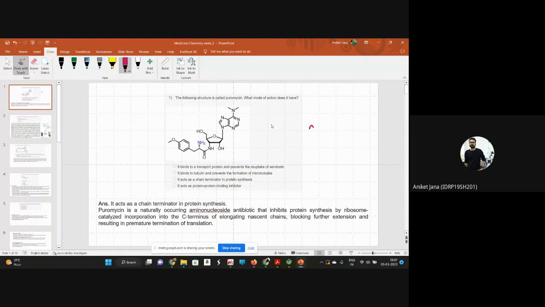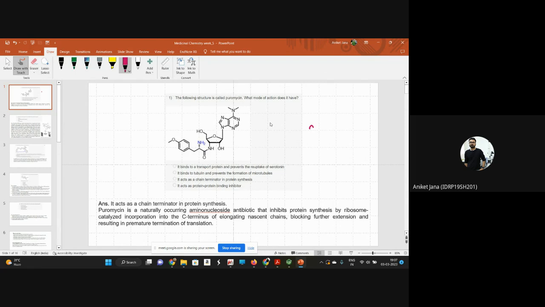Not an anti-cancer drug. Puromycin is a naturally occurring aminonucleoside antibiotic that inhibits protein synthesis by ribosome catalyzed incorporation into the C terminus of elongating nascent chains. Okay, so it has a very close structural similarity with the aminonucleoside.